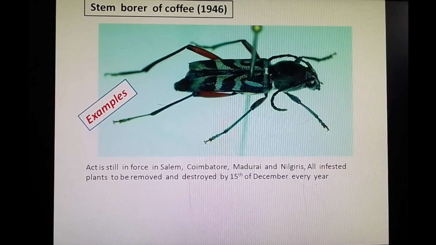So this act is still in force in Salem, Coimbatore, Madurai and Nilgiris, where all the coffee plants must be removed and destroyed by 15th of December every year, so that the carryover of this stem borer of coffee can be prevented from one season to another. So these are the measures which are there through laws.